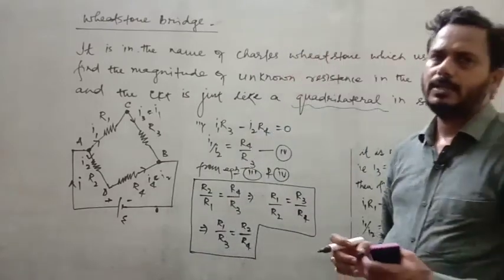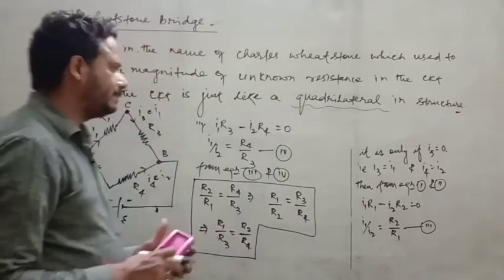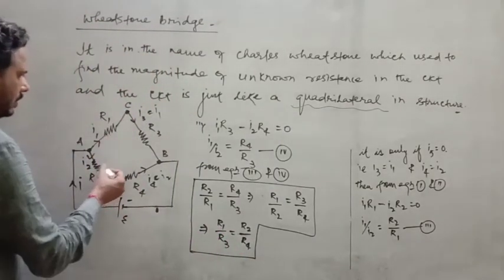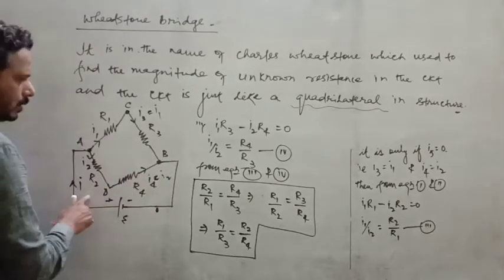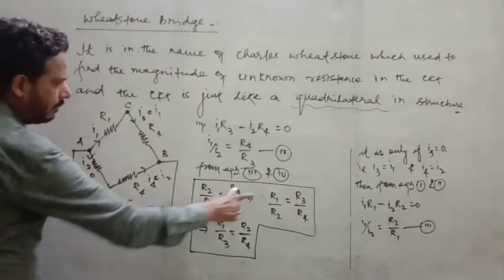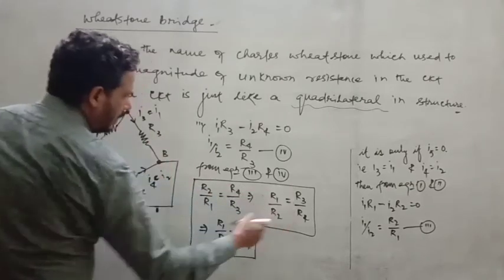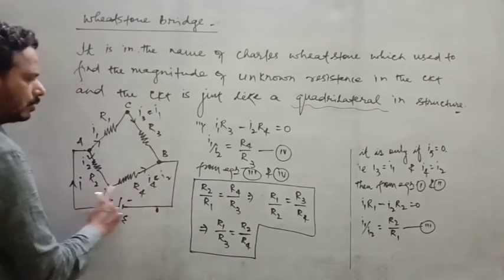Alright. Now we can understand this from this diagram: the ratio of this one is equal to the ratio of this one, that is R1 by R2. From here, R1 by R2 is equal to R3 by R4. Otherwise R1 by R3 is equal to R2 by R4.